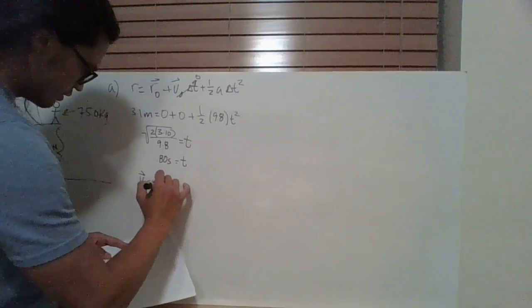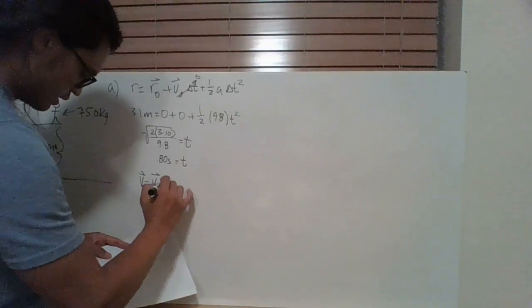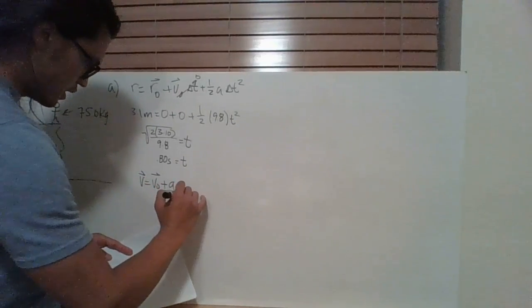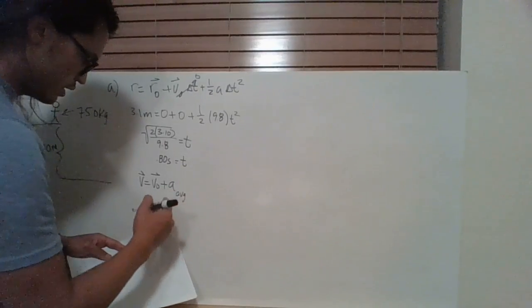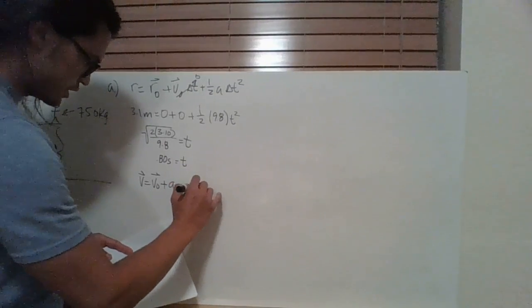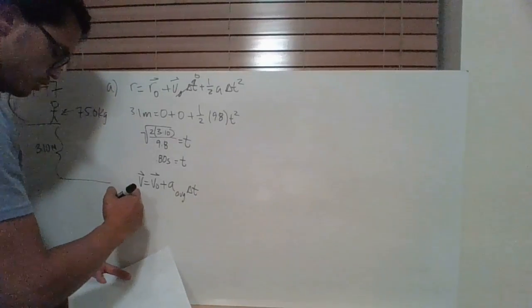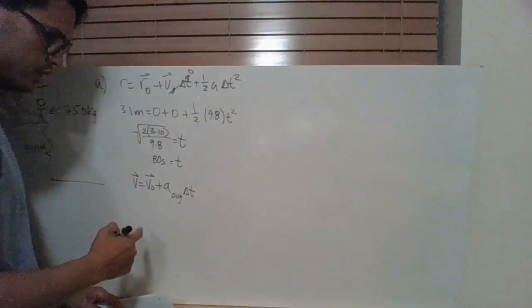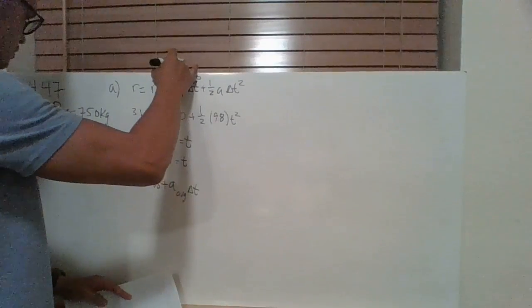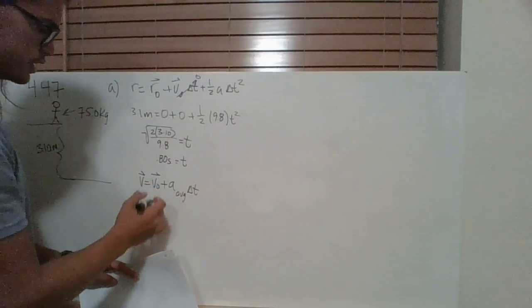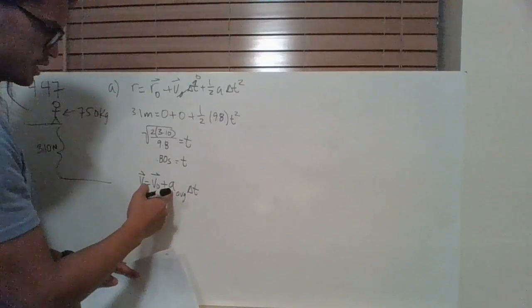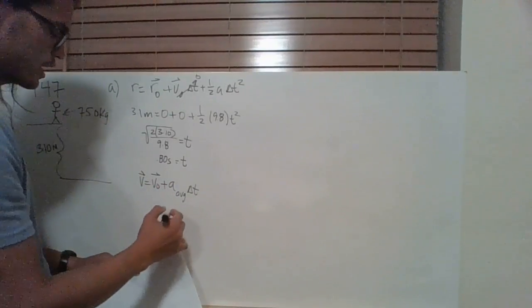V equals V naught plus a average, the acceleration, times delta t. Like we said before, we want to solve for his velocity when he hits the ground. His initial velocity is 0, acceleration is gravity, and we now have the time.